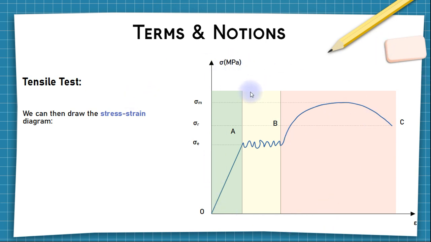This is the stress-strain diagram, and as you see, it's almost the same as the previous diagram. So you have here sigma E, which marks the last elastic point, sigma M, which is the maximum stress, and sigma R is where the specimen or the part has a failure, so it breaks at this point.